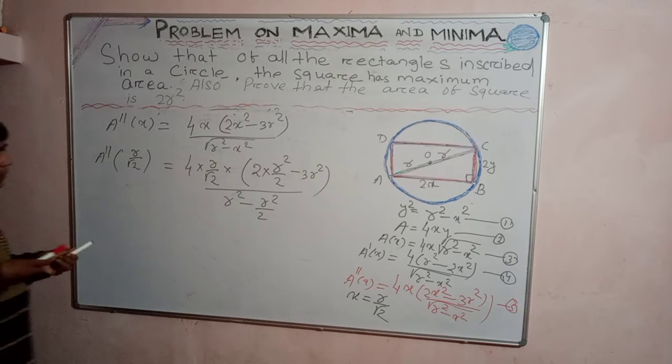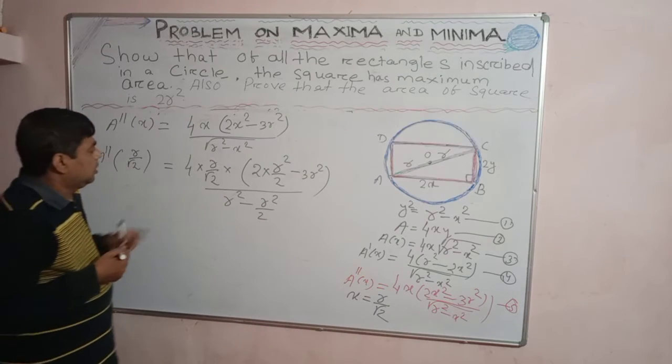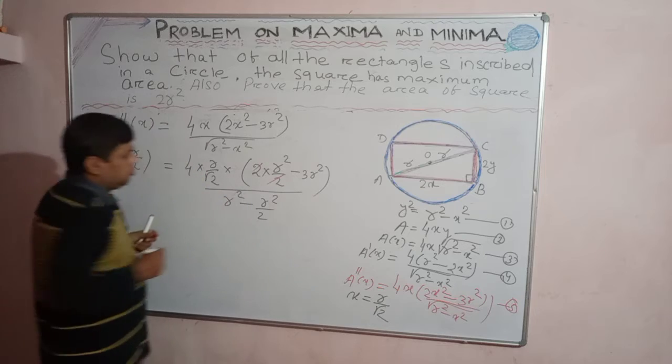After that, here A double dash at x is r upon root 2, 4 into r upon root 2. Here you see 2 can be cancelled also.